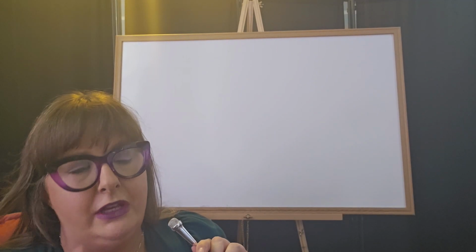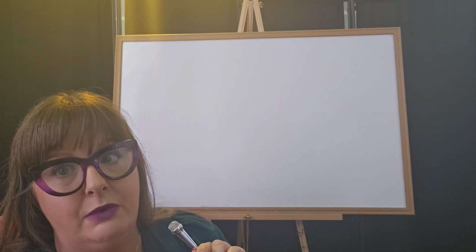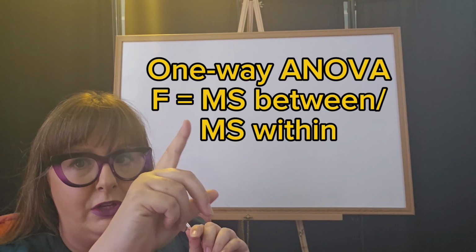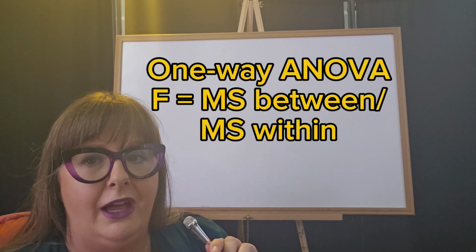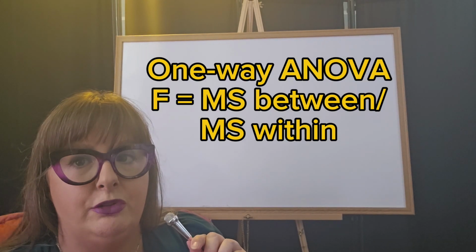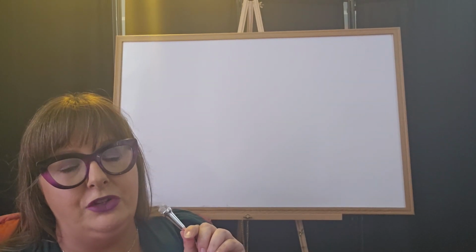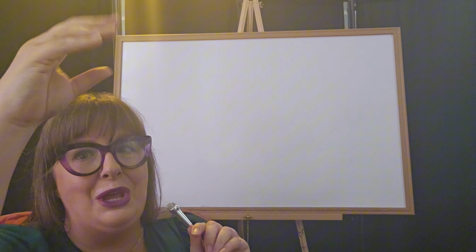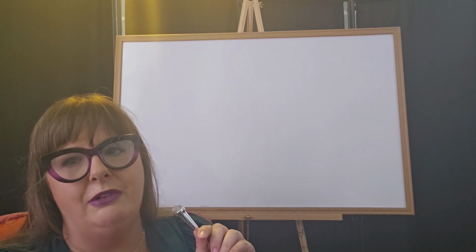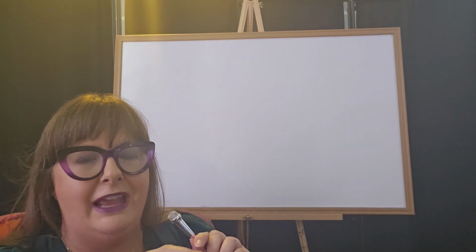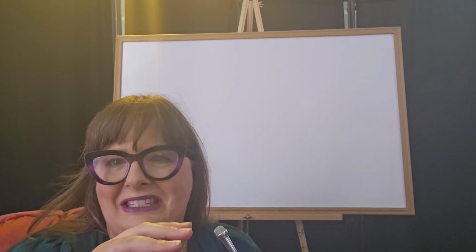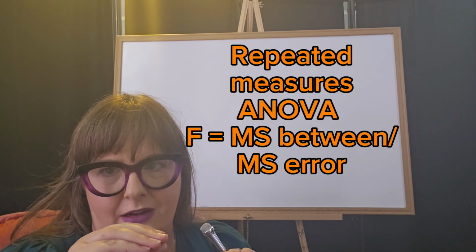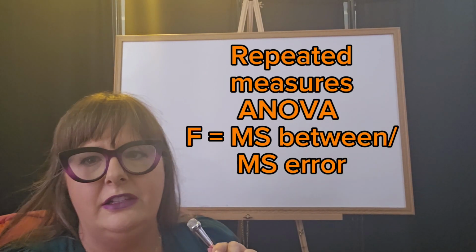If you don't remember what that is, you're going to have to review your one-way ANOVA. You had mean squares between treatments divided by mean squares within treatments. For your repeated measures ANOVA, it's still going to be mean squares between treatment on the top in the numerator, but we are going to have the isolated mean squares error, all right, as our denominator.